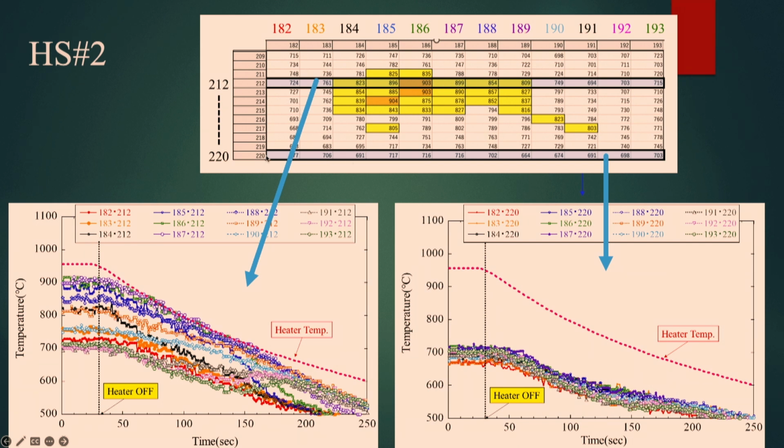And apart from the hotspot region here, we plot the temperature change for each point along the horizontal axis. You can see a very small temperature gradient and a normal decrease like this.